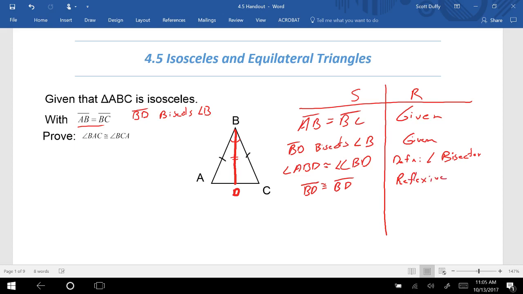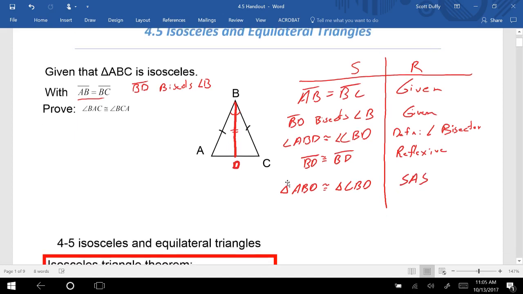From that information, if we start on just the left triangle, we have a side, and then we move over, we have an angle, and then we have a side right there. So triangle ABD is congruent to triangle CBD because of the side angle side congruency theorem.